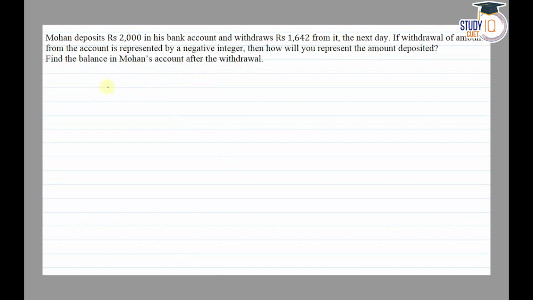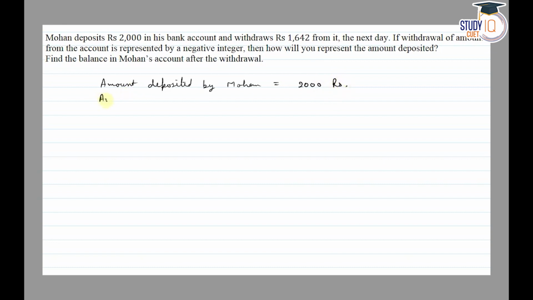So the amount deposited by Mohan is equal to, we are given 2000, so we will denote this as positive 2000 rupees.